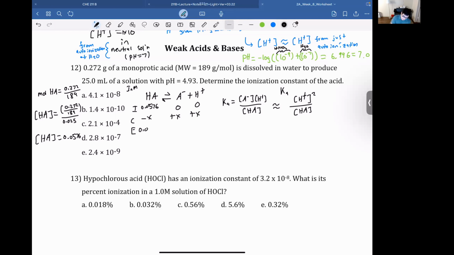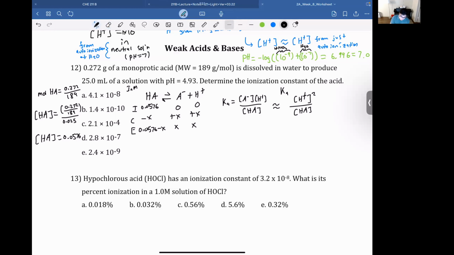Then we have 0.0576 minus x, x, and x. You can plug this in for the Ka, right? This is x squared. And this is 0.0576 minus x. Oh, whoops. Sorry. No, we already have x. We actually figured that out.